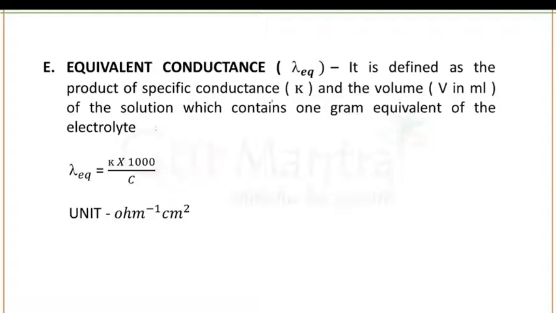So lambda EQ is equal to K into 1000 divided by C. What is C? C is the concentration of the solution. The unit of equivalent conductance is ohm inverse centimeter square.